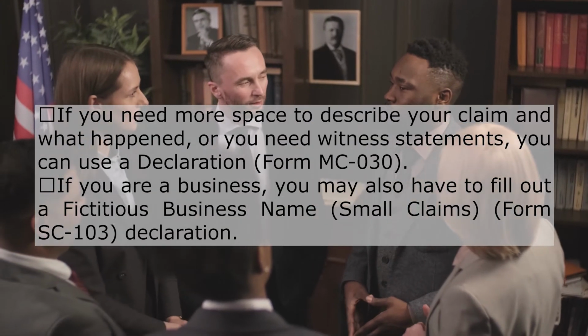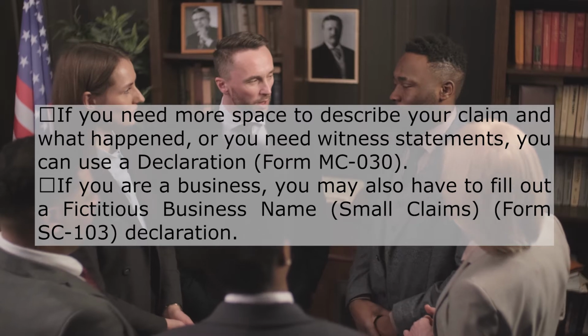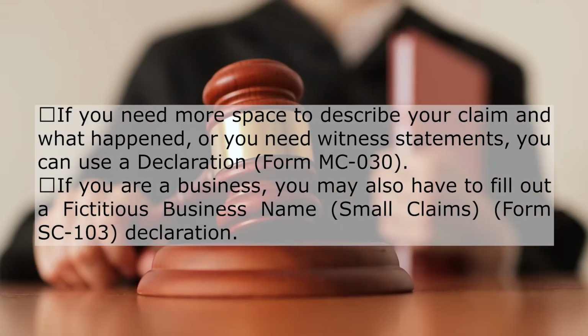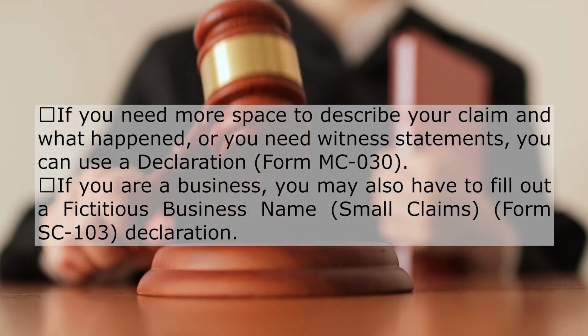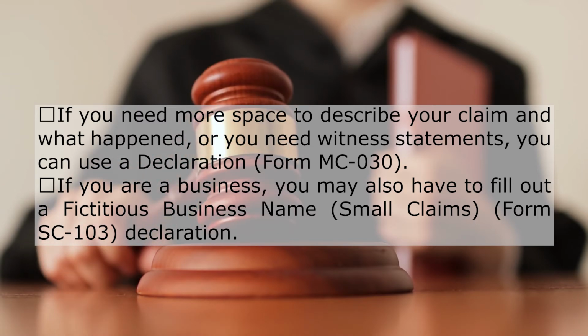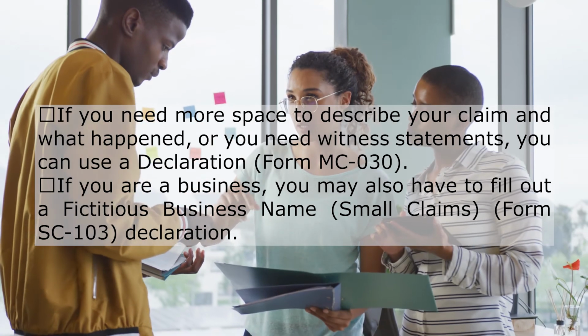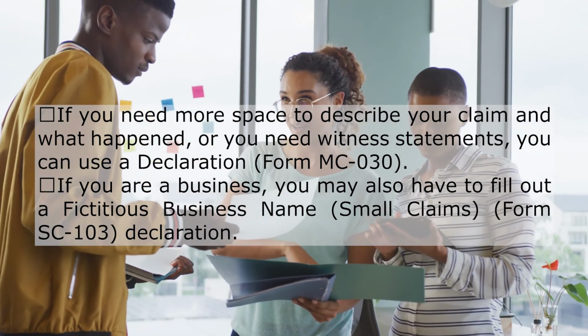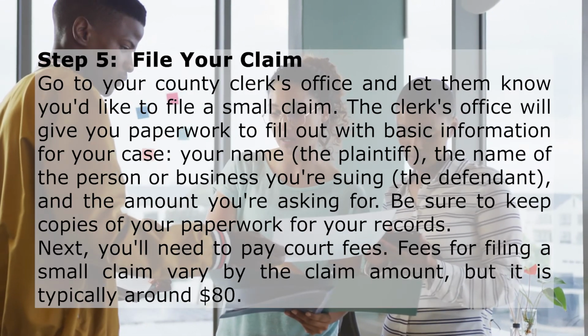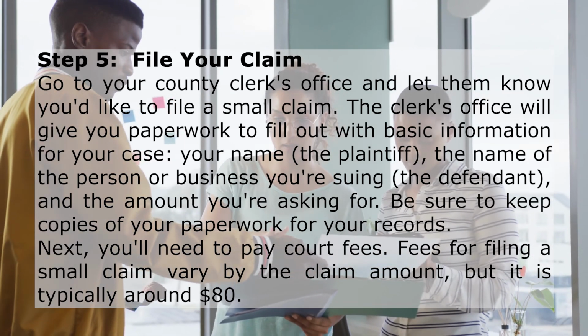If you need more space to describe your claim and what happened, or you need witness statements, you can use a declaration, Form MC 030. If you are a business, you may also have to fill out a fictitious business name, Small Claims, Form SC 103, Declaration.